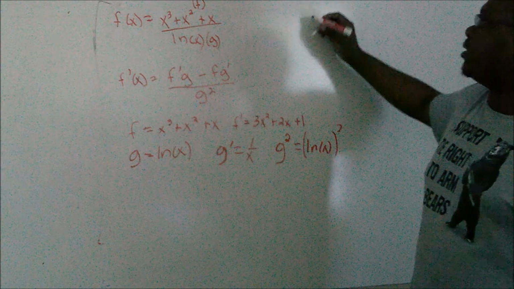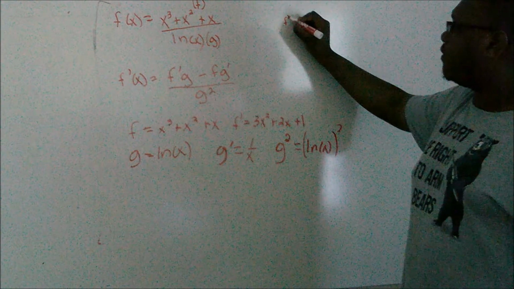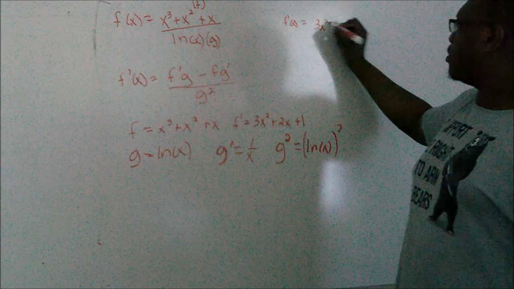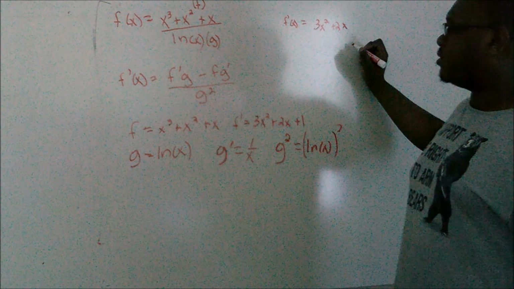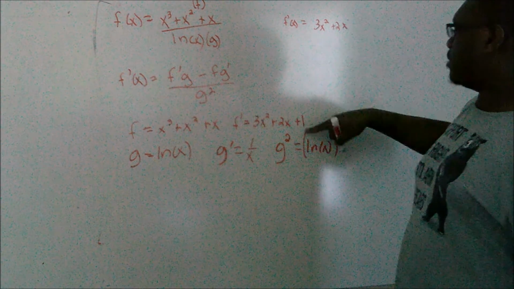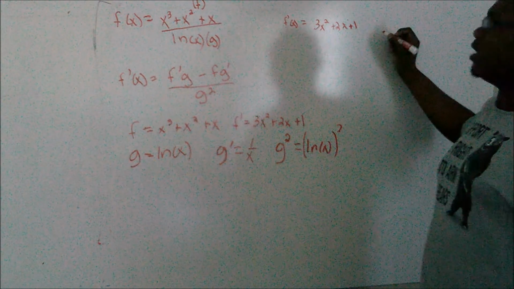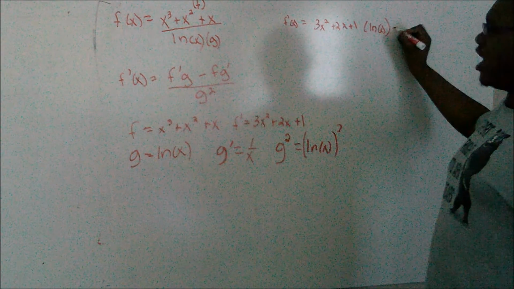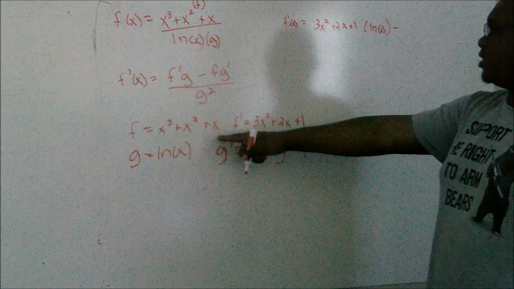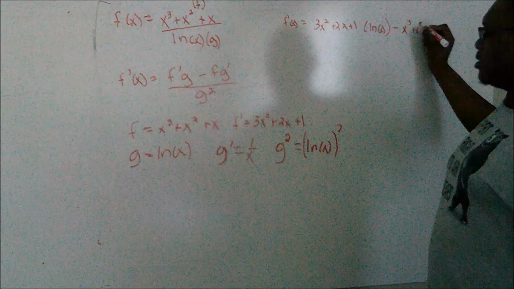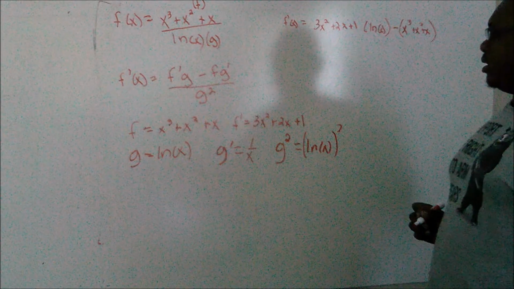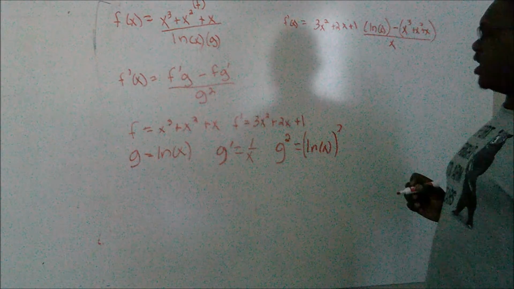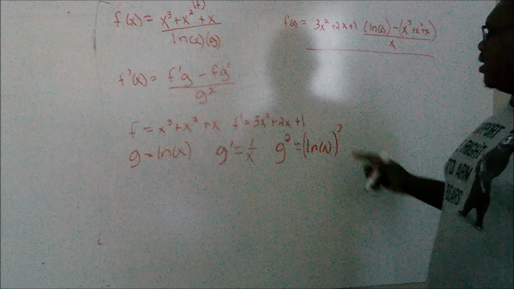We're going to have the derivative f prime of x is equal to f prime, which we said was 3x squared plus 2x plus 1, times g, which is natural log of x, minus f, which is x cubed plus x squared plus x, make sure you keep these in parentheses, times g prime, which is just 1 over x, so I'm just going to divide that all by x, and then all of this divided by g squared.